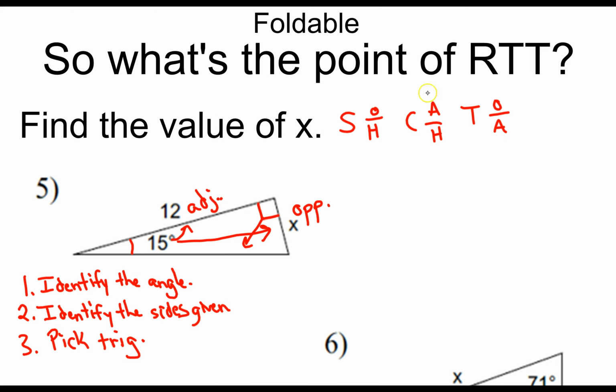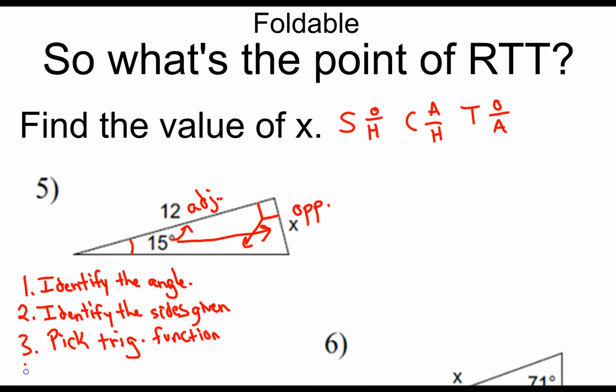So if I look back up here, which one of those has an opposite and an adjacent in it? Well, sine's got the opposite, but it doesn't have the adjacent. Cosine's got the adjacent, but it doesn't have the opposite. Tangent has both, opposite and adjacent. So that's how I know which trig function to use. I'm basing it off of this. So I'm picking tangent for this first one because I have opposite and adjacent.